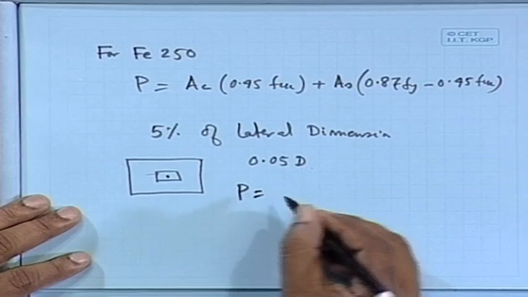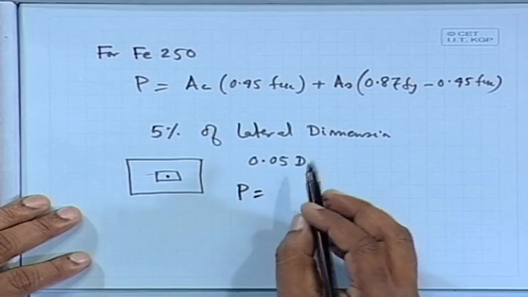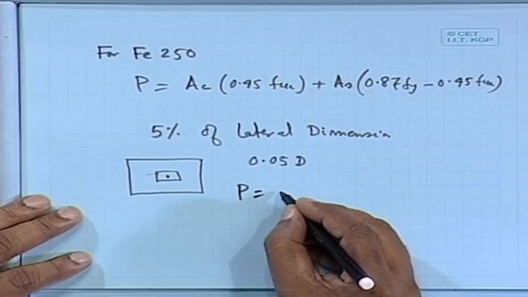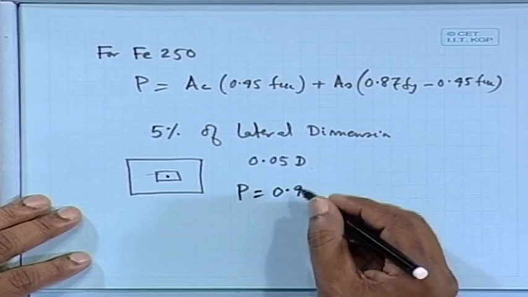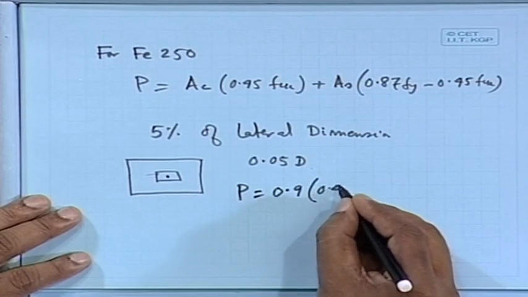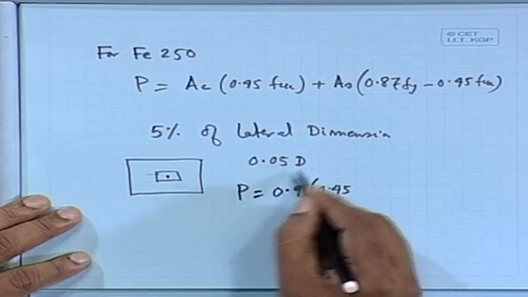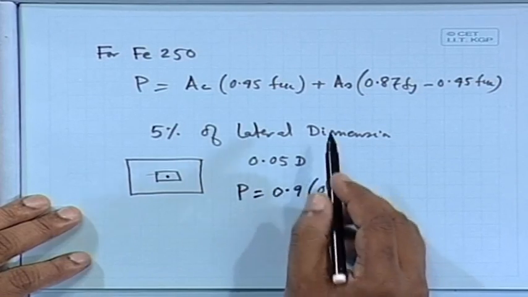So, P equals here we can take that value as 0.9 times, we are taking 90% of the value.